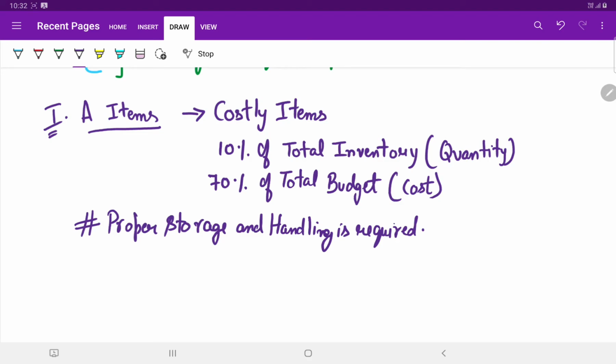Along with this, overstocking should be avoided and only necessary quantities of these items should be purchased and stocked. Remember that overstocking should be avoided because these items are costly and may reduce the budget for the other items.